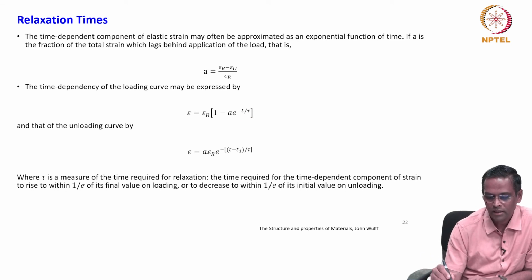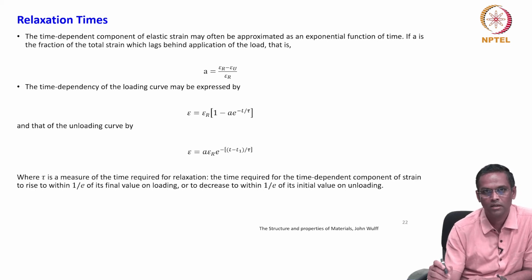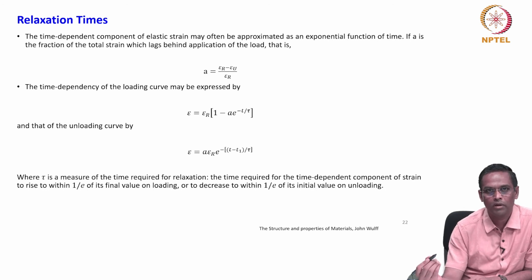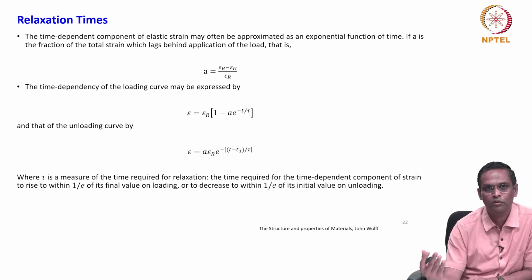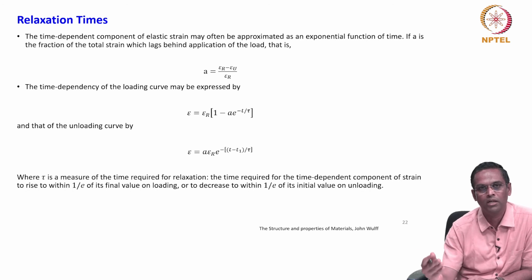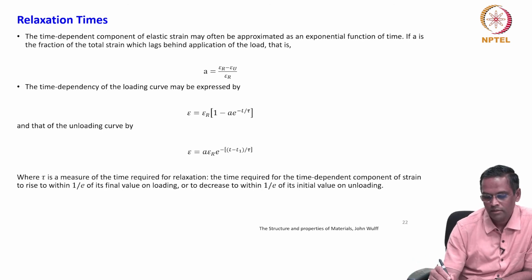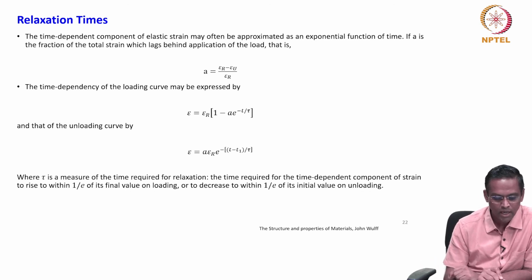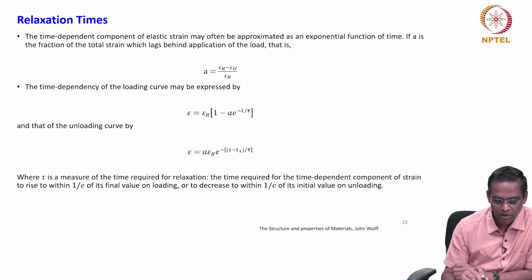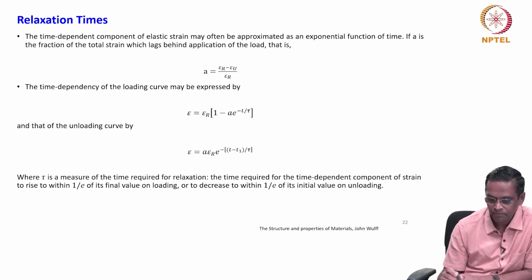Suppose the complete event is over, then t is equal to tau. Or before that it could be anything, it could be t is equal to 0, t is equal to t1, t is equal to anything. But if that physical event is over, then t is equal to tau, we can put, then it is 1 by E. So, that is what is shown here, where tau is the measure of the time required for the relaxation.